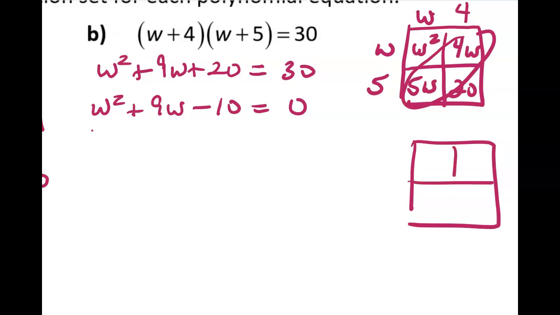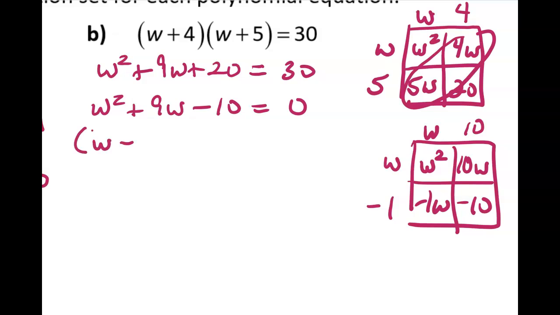Now let's work on factoring that, since we have it equal to 0 now. So w squared plus 9w minus 10. Factors of negative 10 that add up to positive 9 are positive 10 and negative 1. So we'll split the middle term using those coefficients. So GCF of the top row is w, of the bottom row is negative 1, w on the top left, and 10 on the top right.